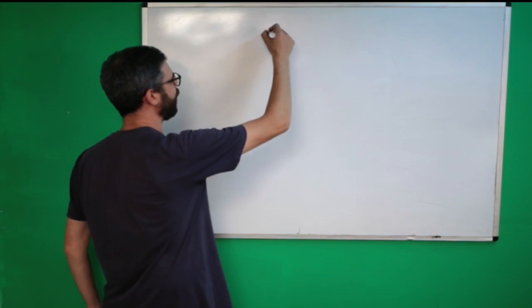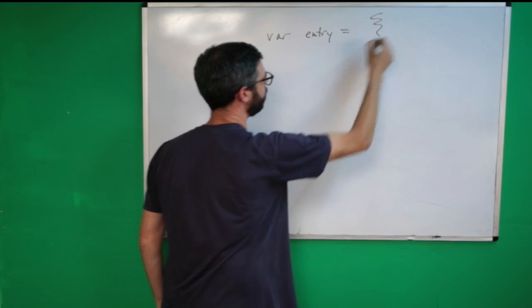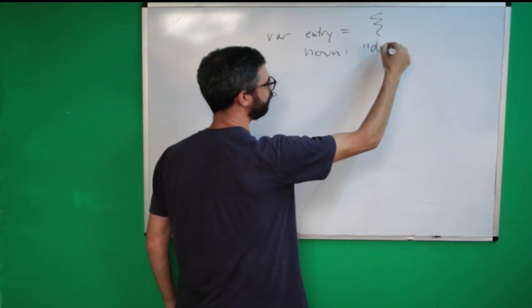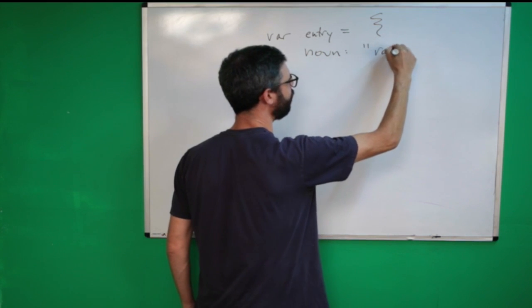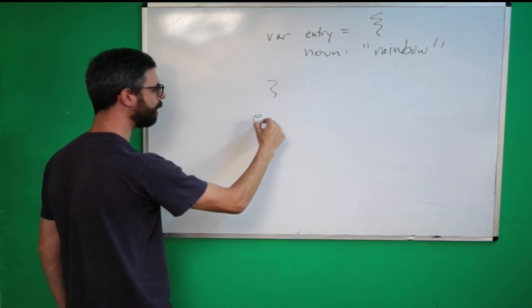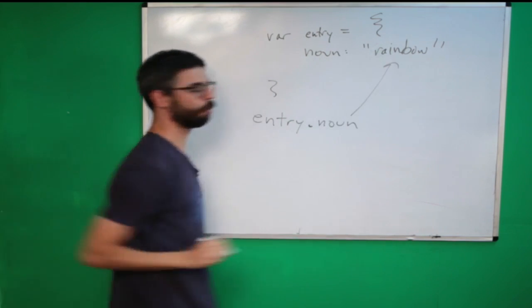But if you have an object, entry, and I say noun, colon, why am I saying dog when I could say rainbow? Right? So this is my object. Normally you would say entry dot noun, and you would get rainbow.